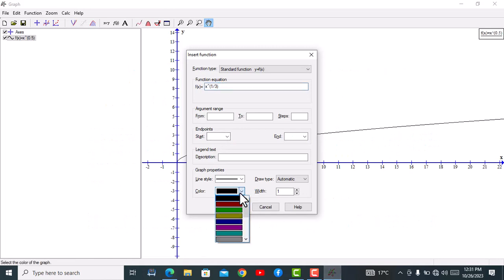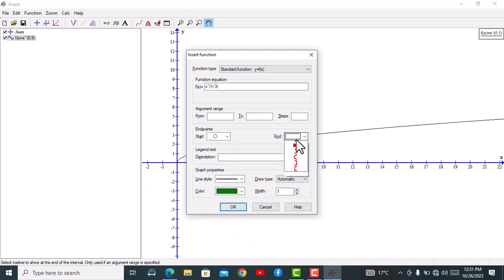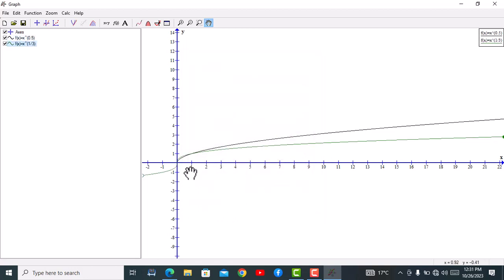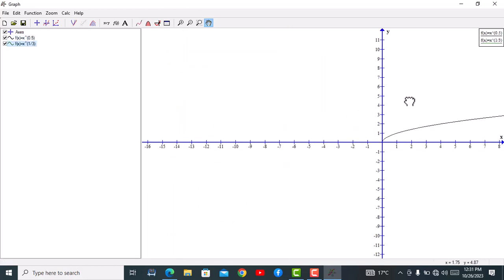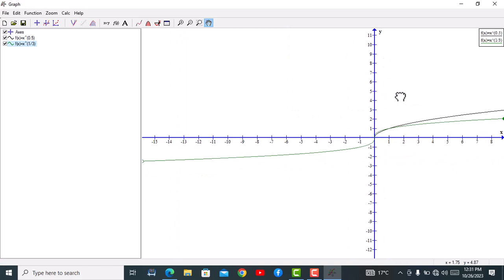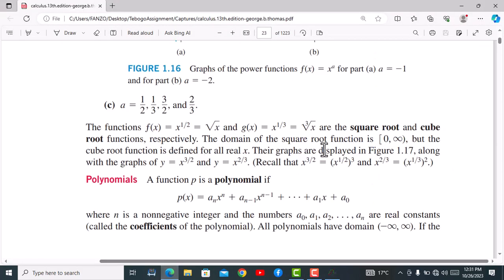So let's just draw this one with this color, and let's just have the beginning and the end. And look what we have now. Let me just move it to the side. You see what is happening? And they are saying, where is it now?